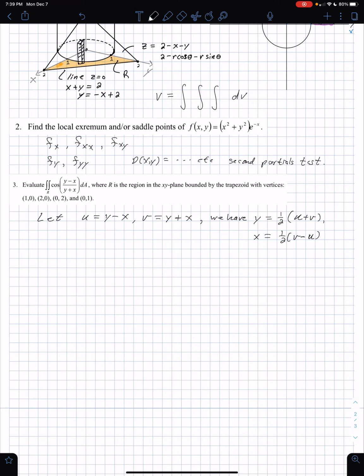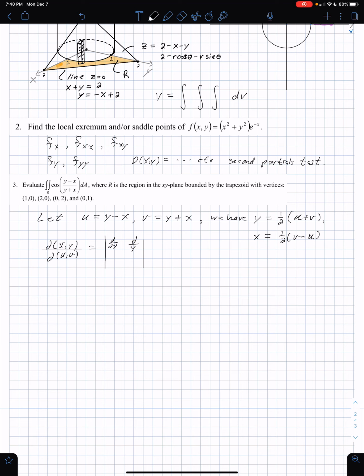Okay, then you'll calculate your Jacobian. It looks like this: partial (x, y) over partial (u, v). And so what that looks like is this. It's partial with respect to x, partial with respect to y.